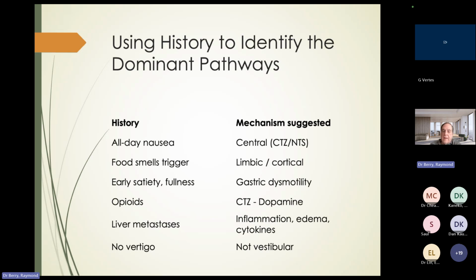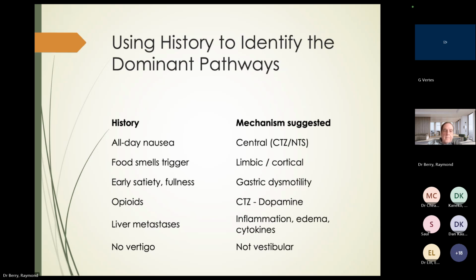Early satiety, very common. People just aren't moving around, and the bowels and gastric system don't move well. Opioids, a great majority of my patients are on opioids, and so therefore the chemoreceptor trigger zone is activated with dopamine. The cancer itself has an inflammatory state, edema, cytokines. There's no vertigo, so it's not vestibular.